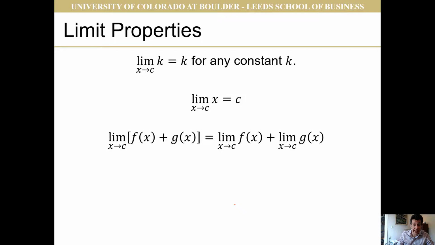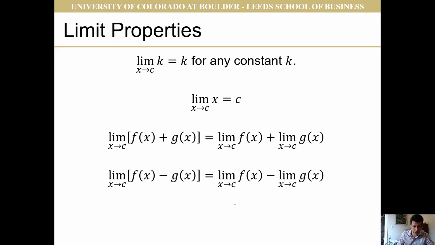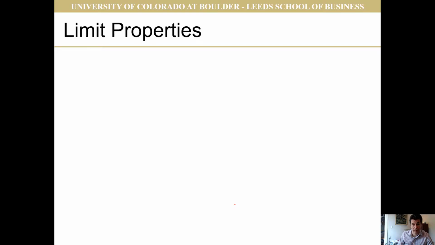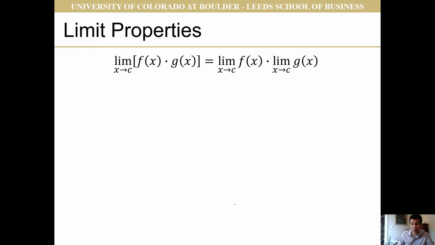Limits are additive. The limit as x goes to c of f of x plus g of x is the limit as x goes to c of f of x plus the limit as x goes to c of g of x. We can also subtract our functions. We can multiply a function by a constant. So the limit as x goes to c of k times f of x is equal to k times the limit as x goes to c of f of x. If we multiply two functions together, the limit of the product of two functions is the product of the limits.